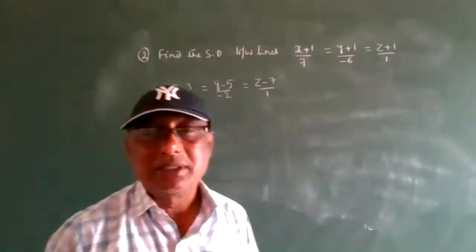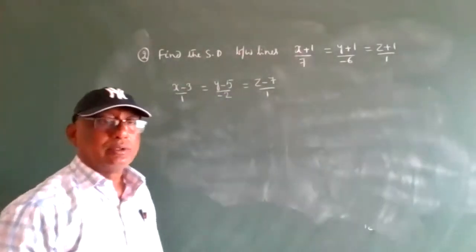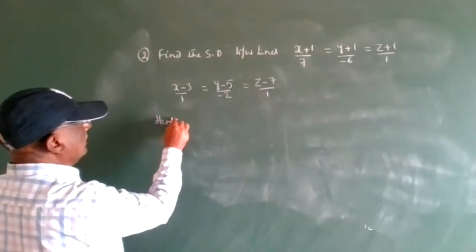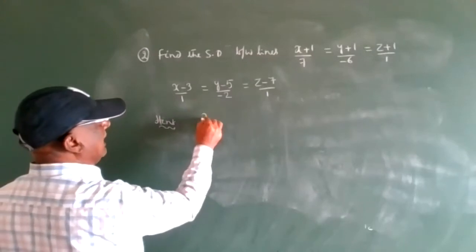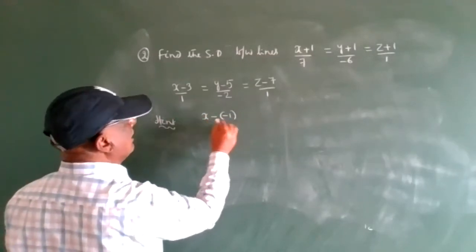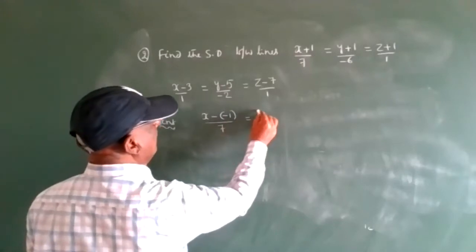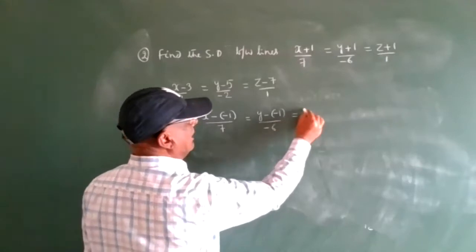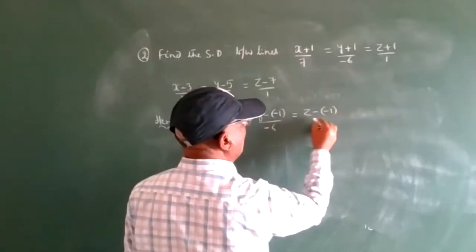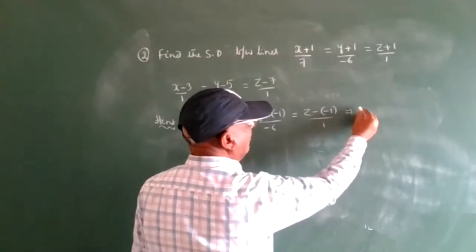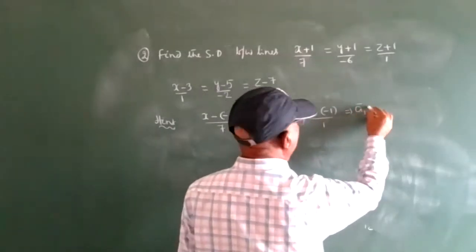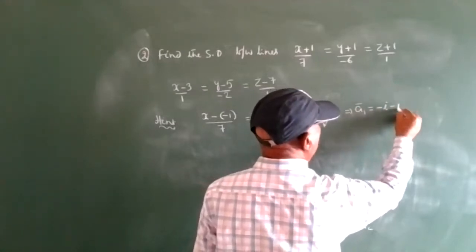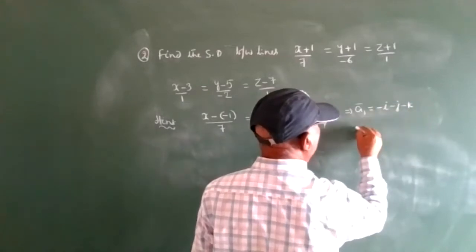Today very few members have joined. What about the first equation? We can write it down in the correct form: (x minus of minus 1) by 7, (y minus of minus 1) by minus 6, (z minus of minus 1) by 1. Immediately write down A1 bar: A1 bar is equal to minus 1i minus 1j minus 1k.